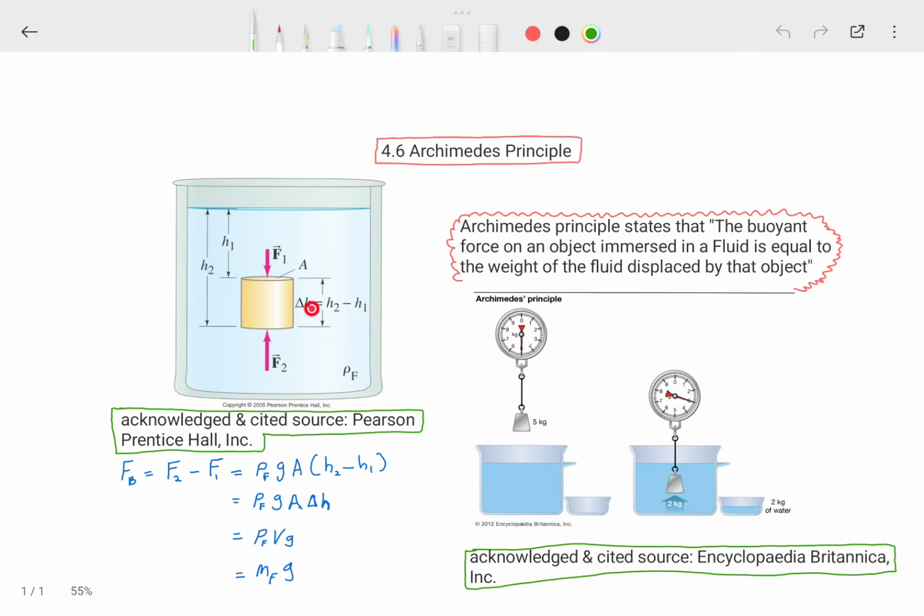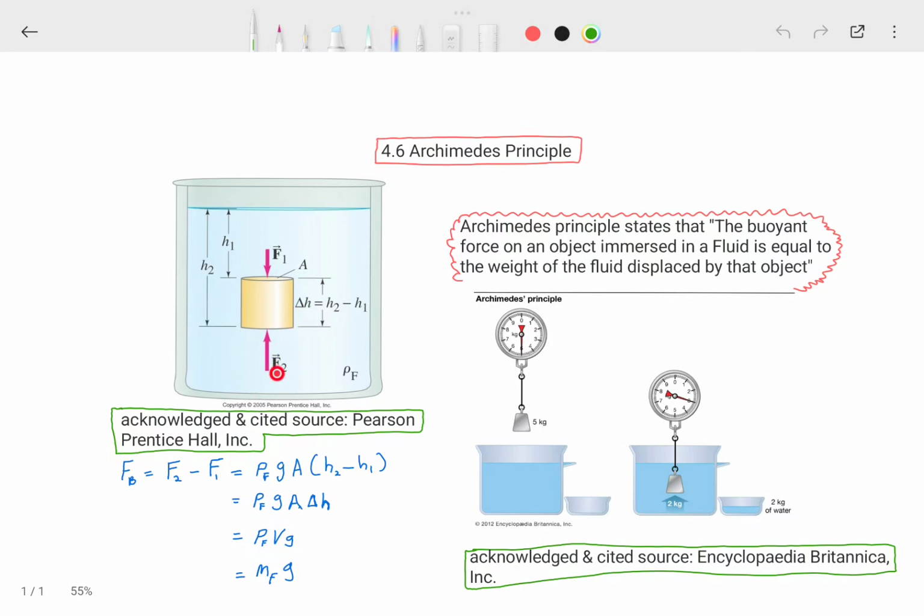When the object is sunk in the middle of the fluid, we can see here there are two heights, h1 and h2. So the change of the height, h2 minus h1, we will get delta h or change of height.